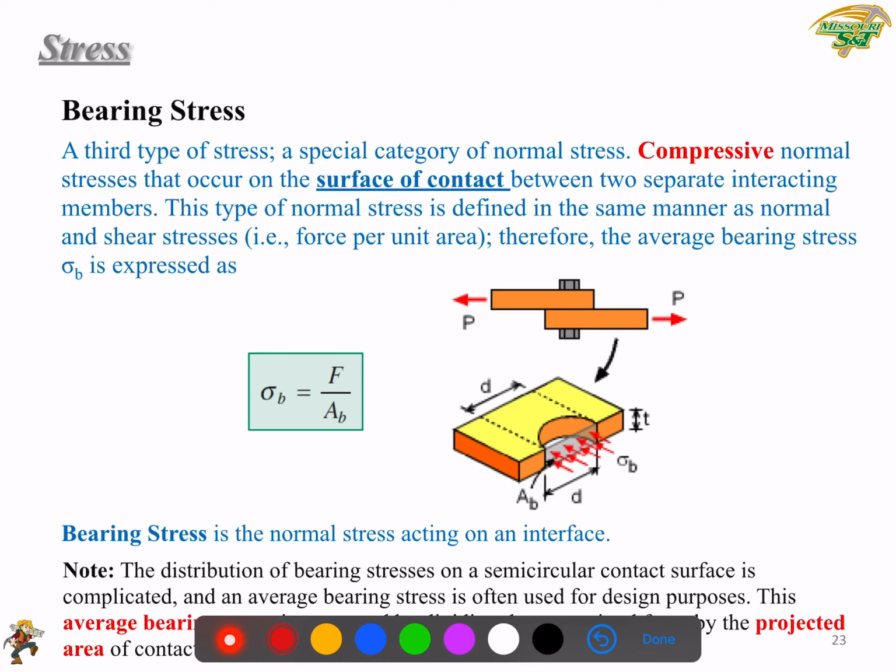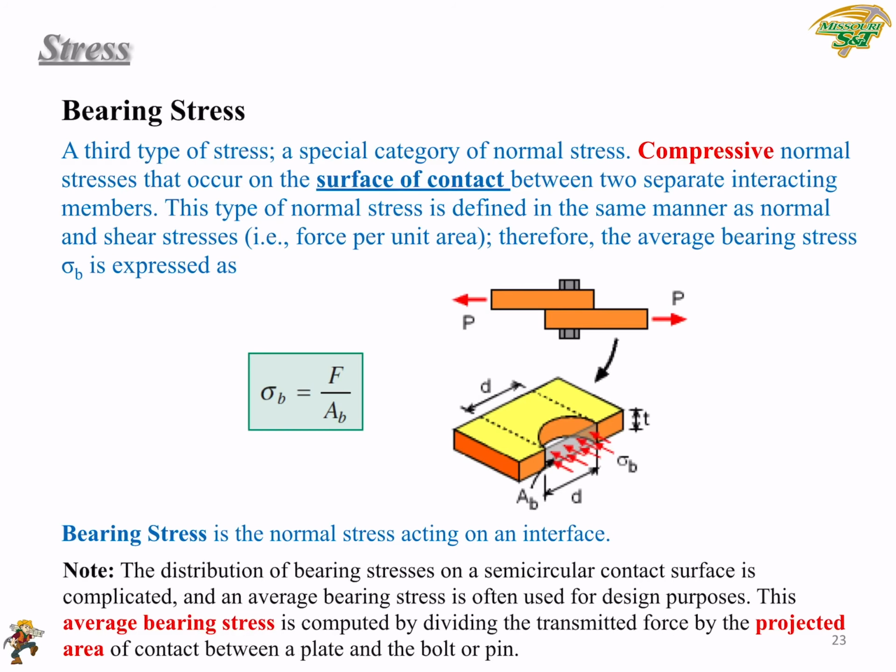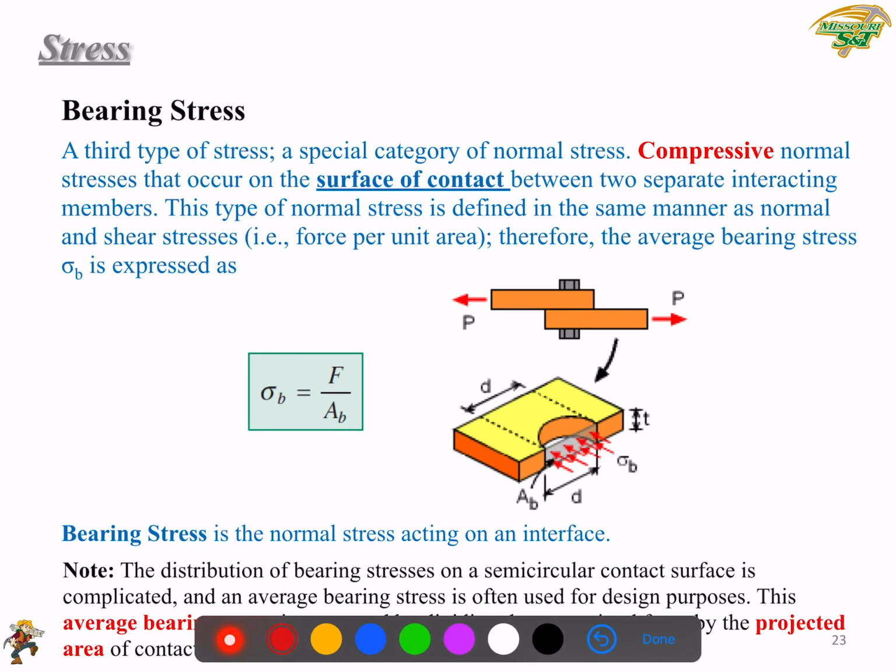I highlight that bearing stress is the normal stress acting on an interface. Regarding the distribution of bearing stress on a semicircular contact surface, let's see this example here. This is a single shear connection, a single shear pin. We are determining the bearing stress at the interface between the pin and the hole of the plate.